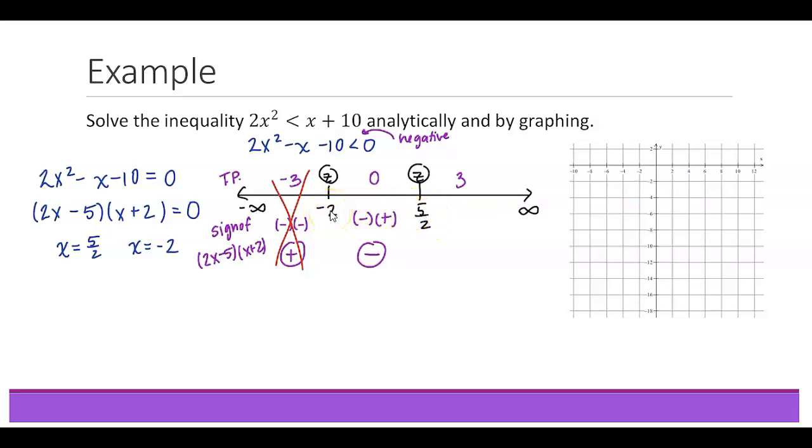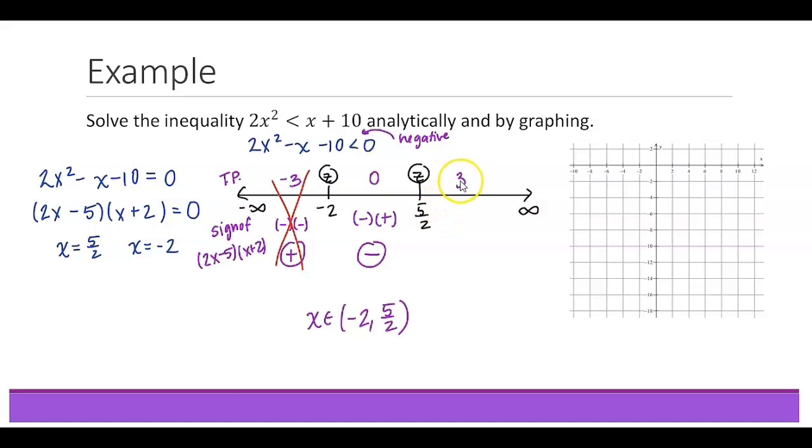And we do not want to include those numbers, because I want to know where I am strictly negative, not where I am negative or equal to 0. So in my answer, I want to use open parentheses, negative 2 to 5 over 2, open parentheses. Any number in this interval will work in this inequality. 0 was just a test point that we chose, and any value will follow the same behavior as that test point.